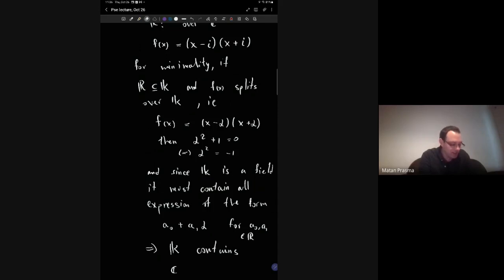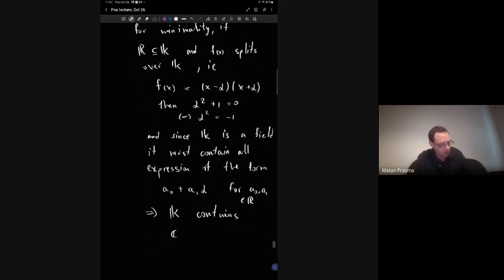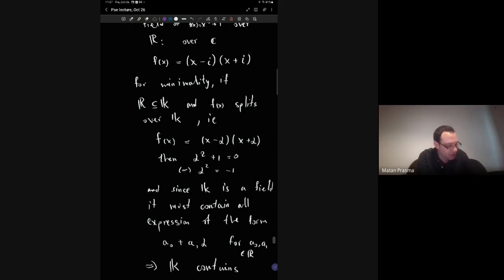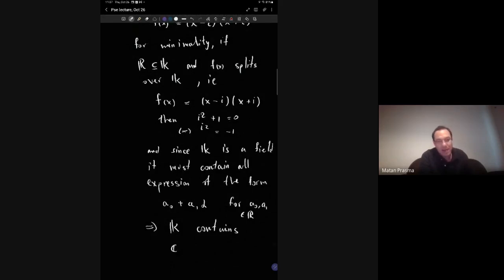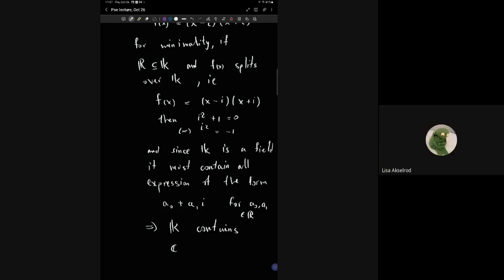And once I have a field containing i and containing R, it has to contain all the expressions of the form a0 plus a1 i. Yes, it's clear.